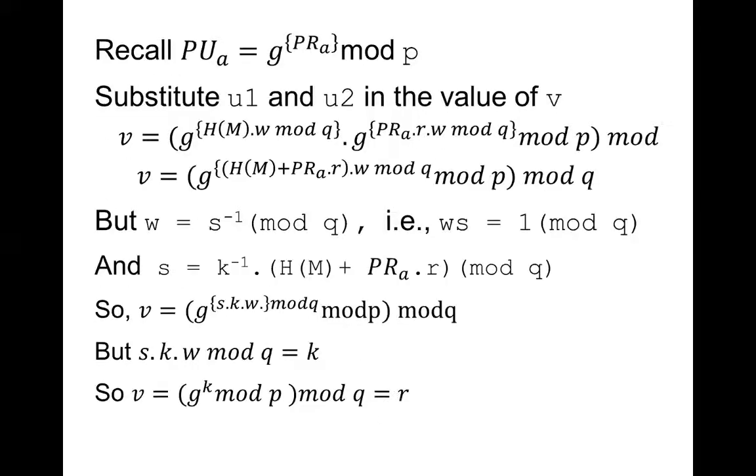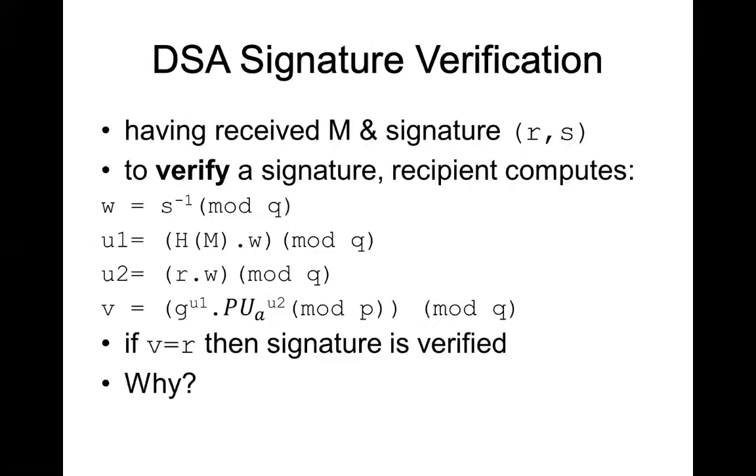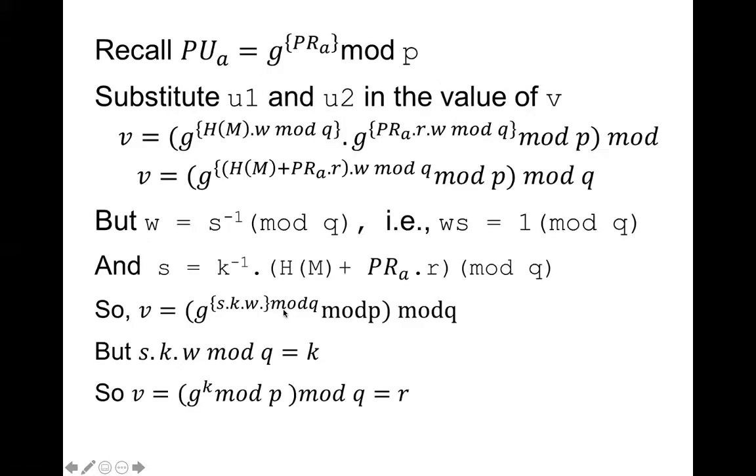Well, you get G to the power of HM times W mod Q and G to the power of PRA times R times W mod Q. Okay, that's the public key over here. Again, when you raise that to the power of U2, it's nothing but a multiplication. Okay, and so if you reduce, that just becomes H of M plus PR of A, the private key of A, times R times W mod Q. Okay, so that's the idea.